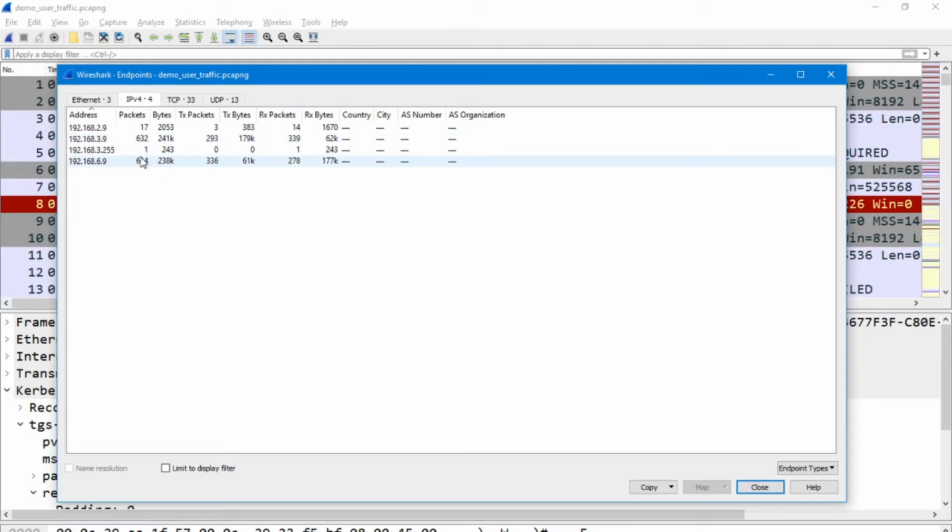They may be communicating with each other. When I see packets that are very similar in numbers like this, I say maybe they're chatting with each other. They might not be, but that's where I want to step farther into this capture and try to get a better picture of what we're working with here. Okay, let's continue on. So really, that's the second step that I do. I want to look at the endpoints.